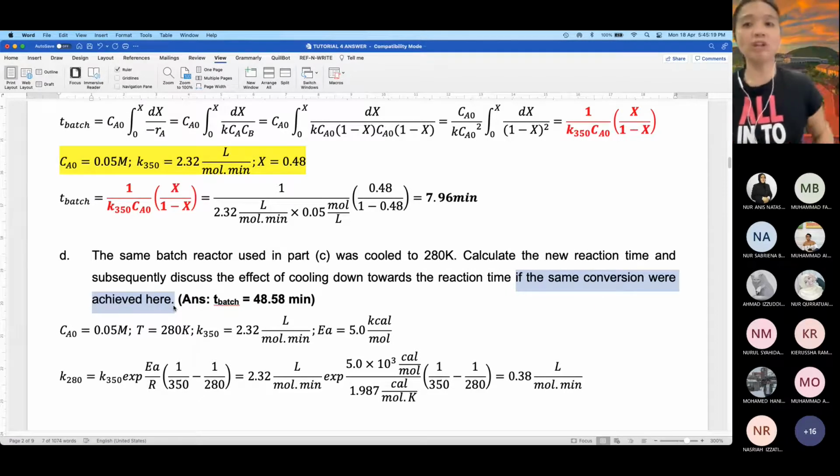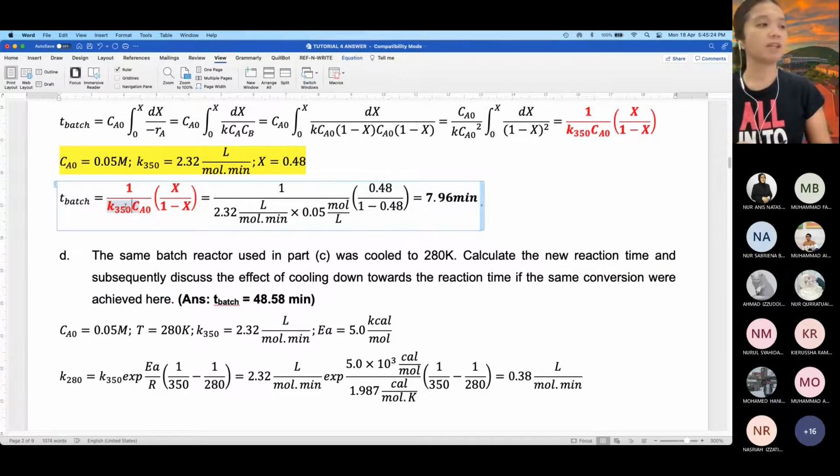The reaction time will change because the value of K has changed, because the temperature has changed.